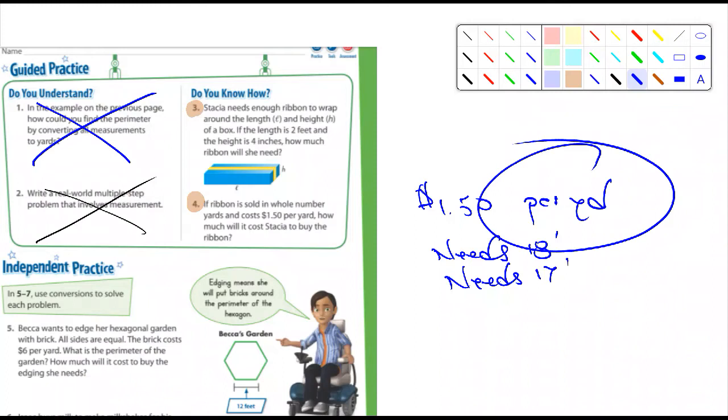In other words, they're not going to cut it up into feet. So it's going to be 6 again, because one of the yards won't be completely used up. Do you understand what I'm saying? Yeah. So she needs 1, 2, 3, 4, 5, 6. But that last one, she's only going to use about that much of the yard.